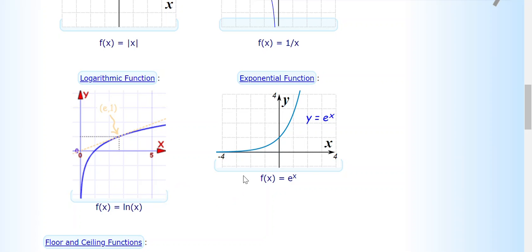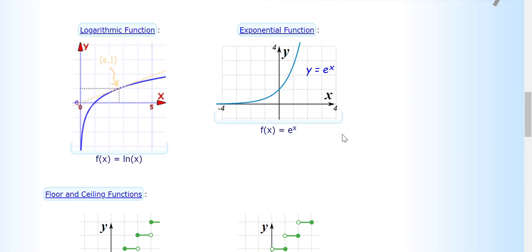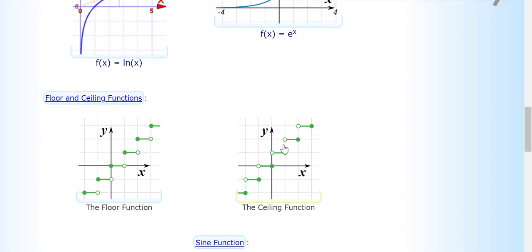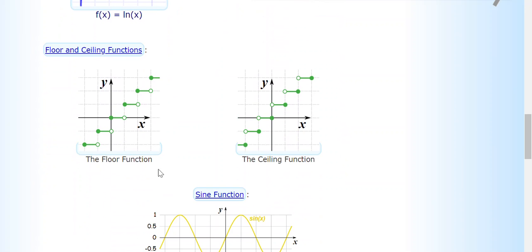And then we got the exponential function like e to the x power, or anything where the x is actually in the exponent. And then we'll see this later in the following videos, floor and ceiling functions, the other name for it is the step function.